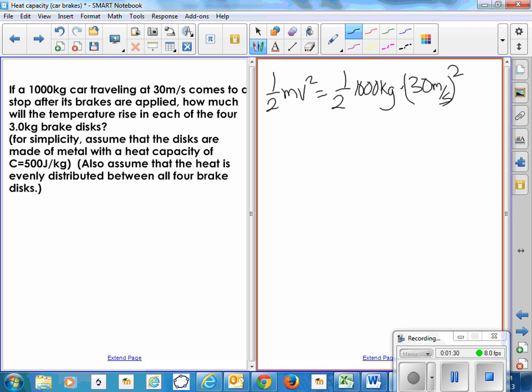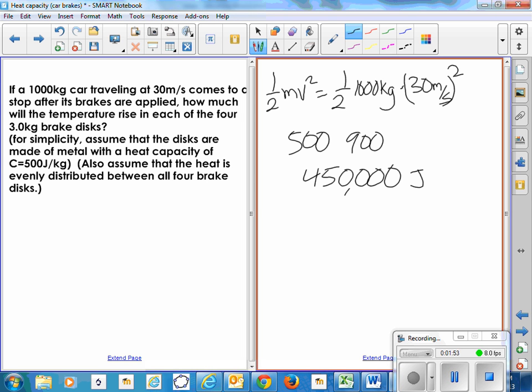Half of 1,000 is 500. 30 squared is 900. So we have 45 with 4 zeros, 450,000 joules that need to be dissipated between the 4 brakes.